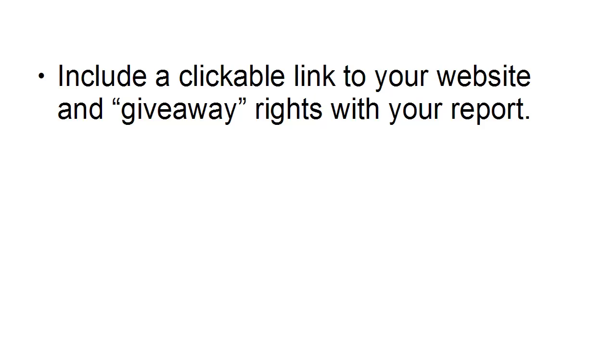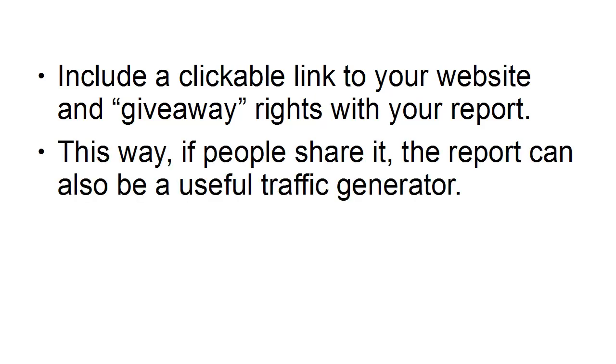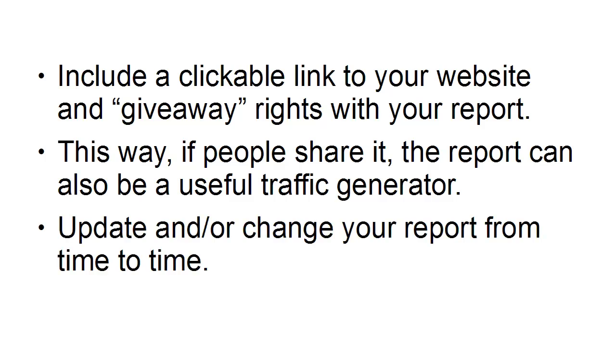Something else that you can do is to include a clickable link to your website and giveaway rights with your report. What this means is that whoever downloads your report is free to give it away to whomsoever they choose, provided that it's not altered. This way, if people share it, the report can also be a useful traffic generator.